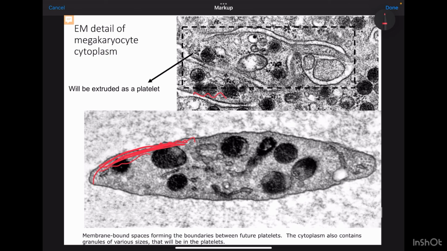And the portion of the cytoplasm defined by adjacent channels, for example this portion of the cytoplasm, will be a platelet that will be released from the cell. You'll see at the end it will become a platelet. So we will have channels in here, and the portion of the cytoplasm defined by adjacent channels will be a platelet that will be released from the cell.